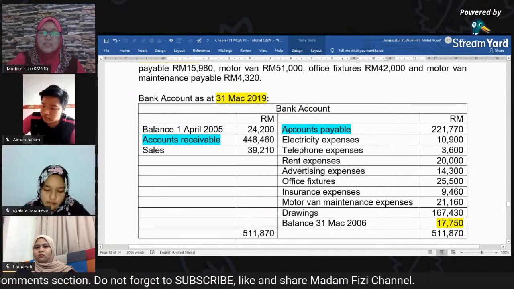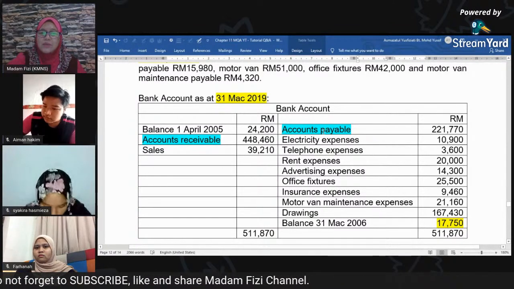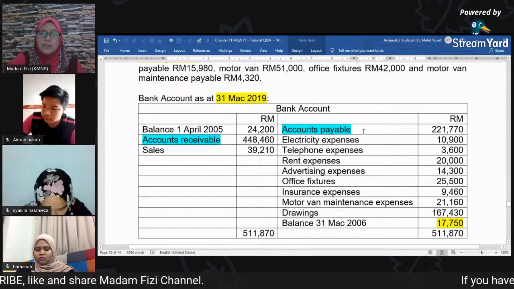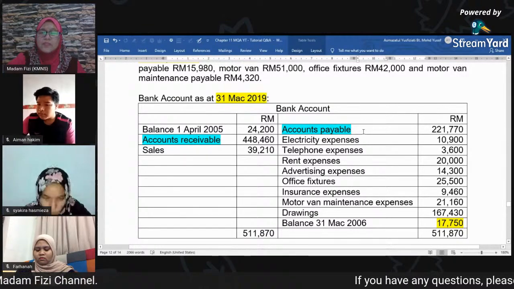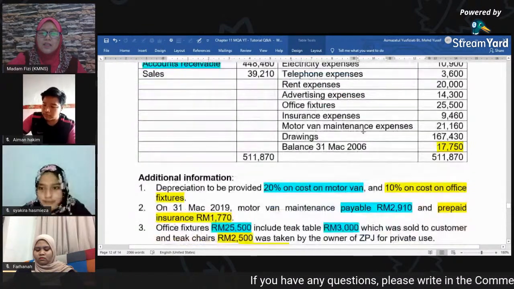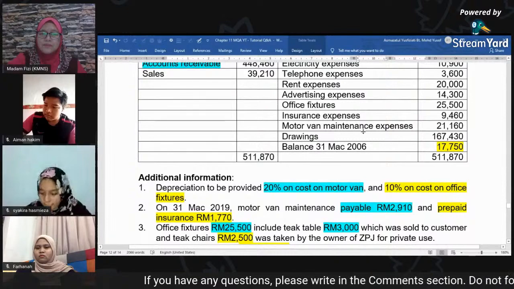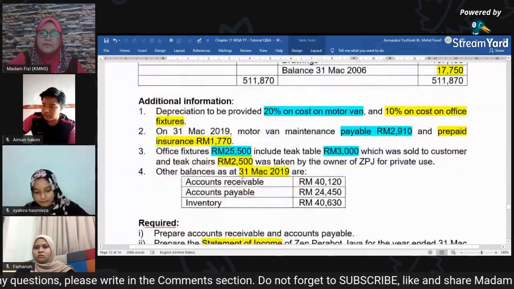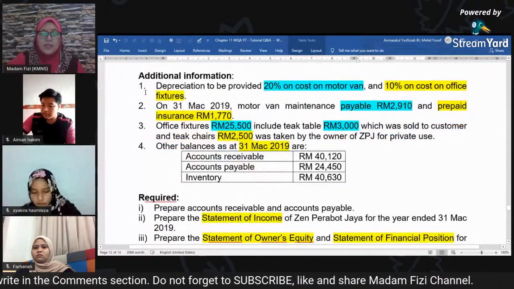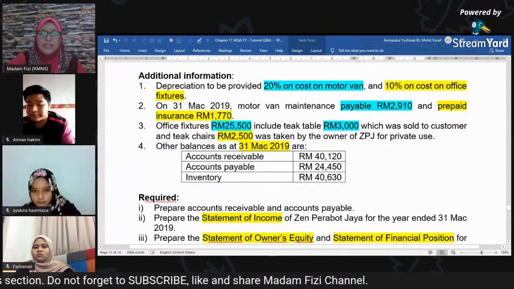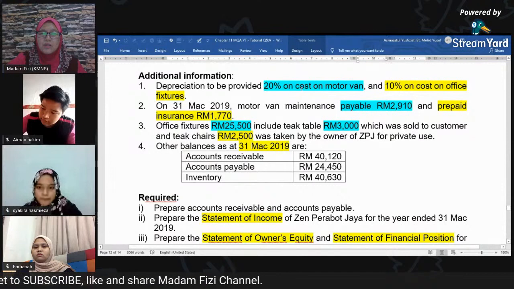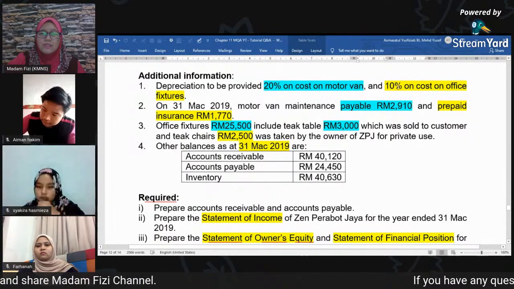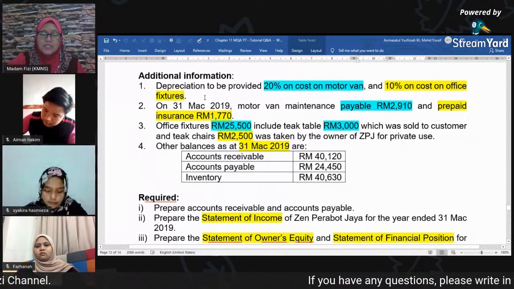So this is the cash that we receive and we pay. Additional information. Depreciation to be provided 20% on cost of motor van and 10% on cost of office fixtures.